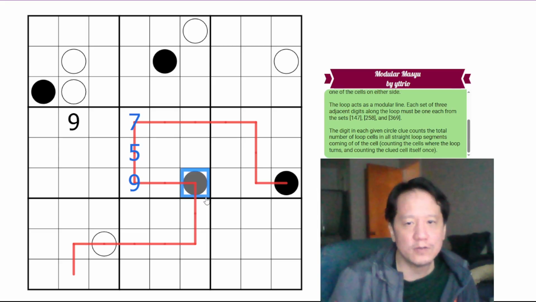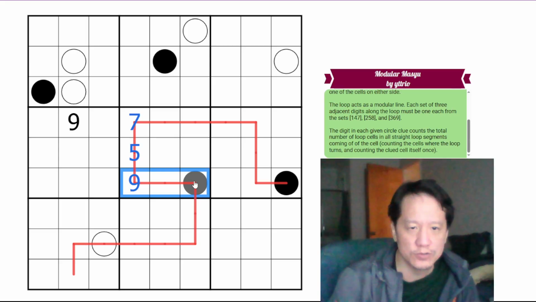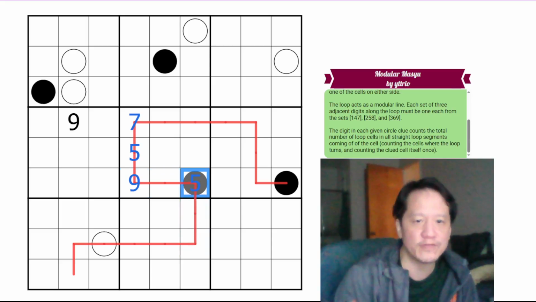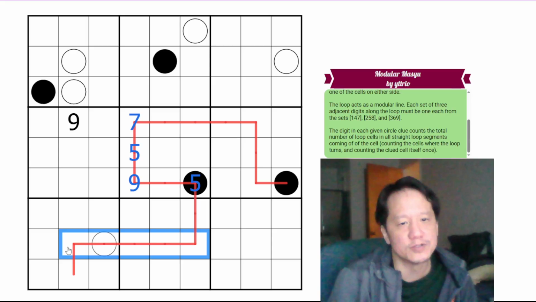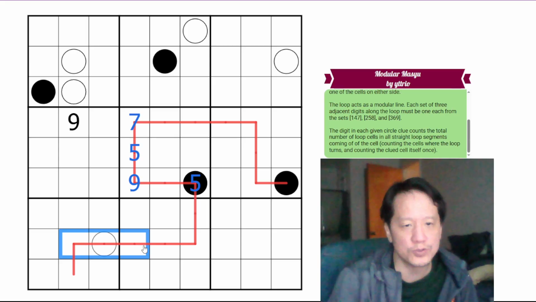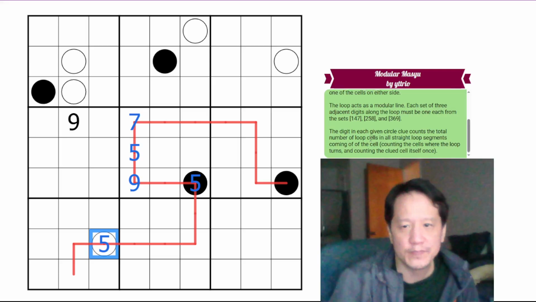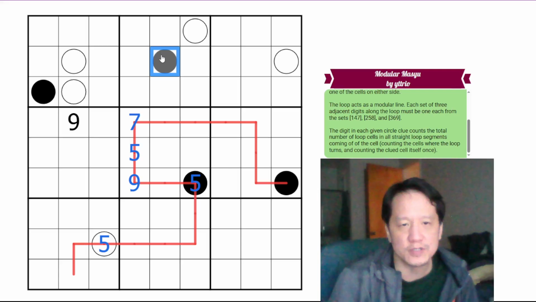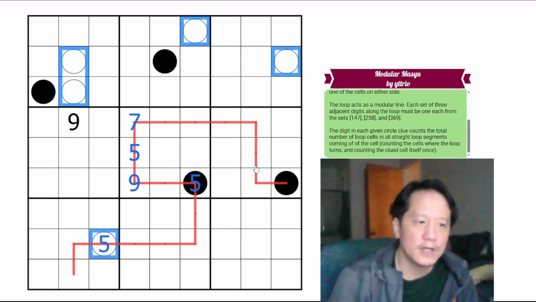This cell would then have to count the number of cells it sees on the straight loops. So this would be 1, 2, 3, 4, 5. So this would have to be a 5. And this would also see 5 cells, because on the straight line loops it'd see 1, 2, 3, 4, 5. So this would have to be 5 there. And those are examples of how the digits in the circles work. And those are all the rules.